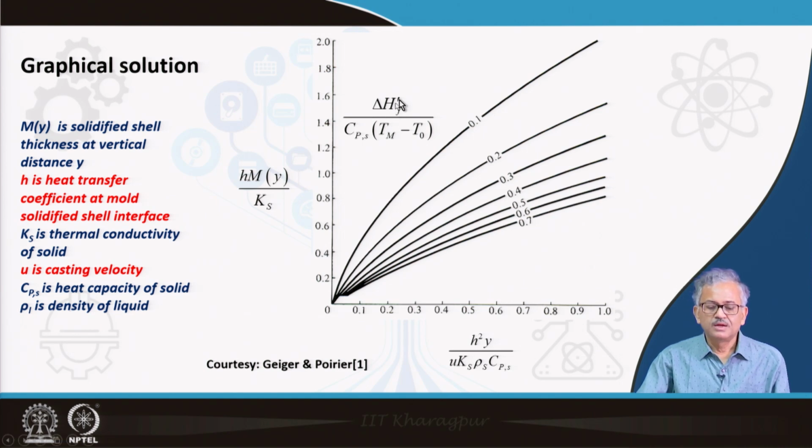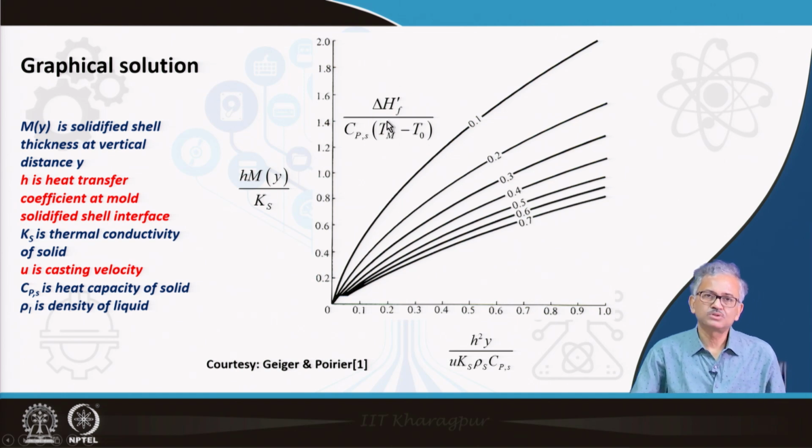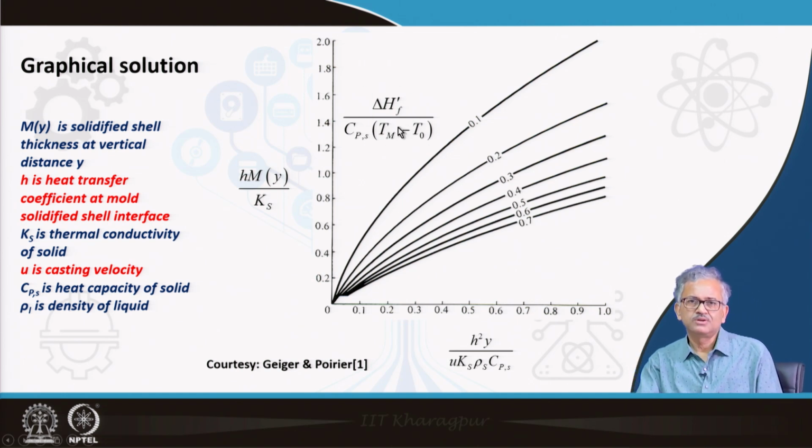It also considers the sensible heat, that is delta H_F prime. By definition, delta H_F prime is latent heat plus sensible heat. This delta H prime is normalized by CPS, the heat capacity of the solid, into Tm minus T naught, melting temperature minus mold temperature. So this is also a dimensionless latent heat of fusion.